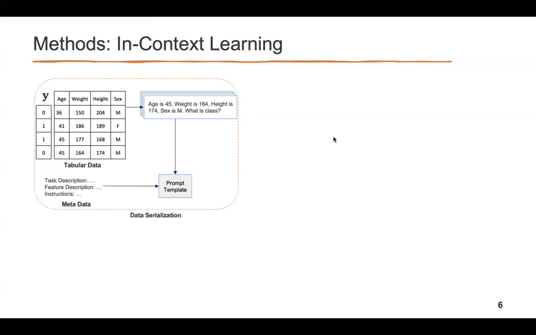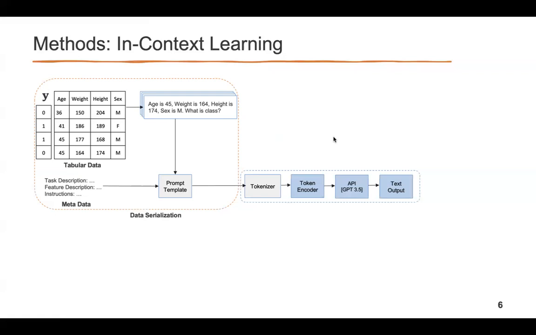Once this data is serialized, we can pass it to a tokenizer, and we will talk in detail about how this tokenizer works. The tokenizer gives us the token IDs. From these token IDs, we pass them to a token encoder, which gives us the corresponding token embeddings, which are passed to a GPT model. For our experiment, we use GPT 3.5 from OpenAI, and this GPT model gives us the text output.